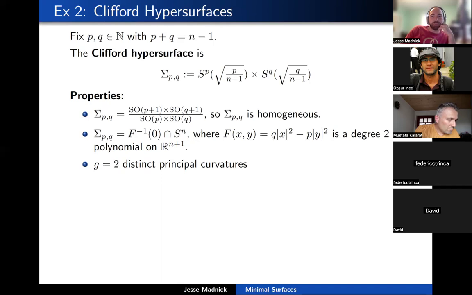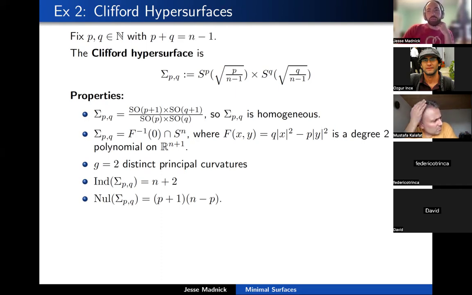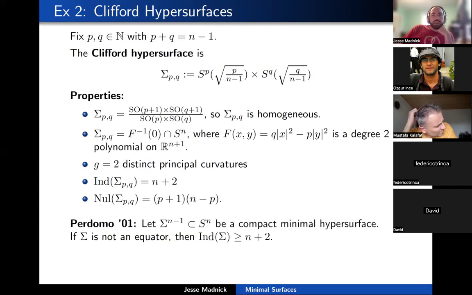That's kind of funny. The index has been computed. It's n plus 2. I don't know who to attribute this to, but it follows fairly quickly from the result on the previous slide. And the nullity is what you see there. It's kind of funny that the index doesn't depend on p, but the nullity does. Given that the Clifford hypersurfaces are so simple, the simplest minimal hypersurfaces after the equators, you might hope that they show up in various classifications and characterizations, and they do.